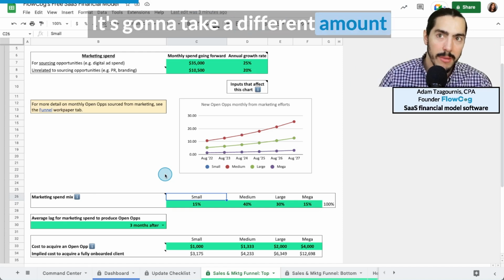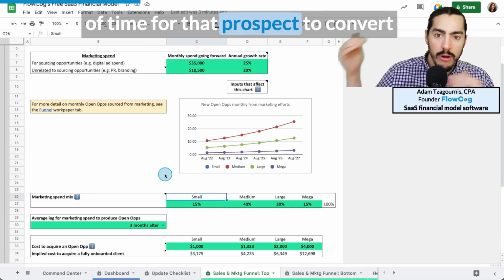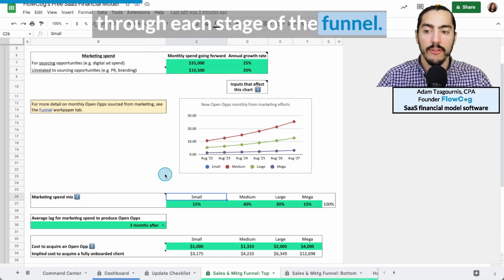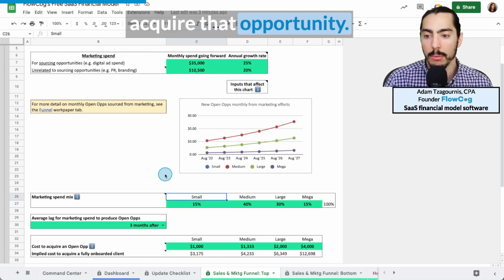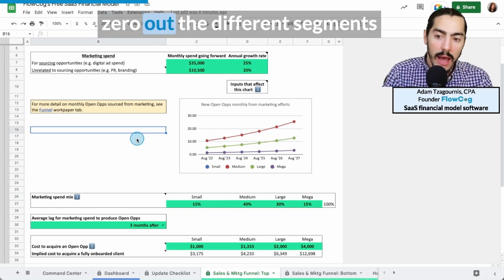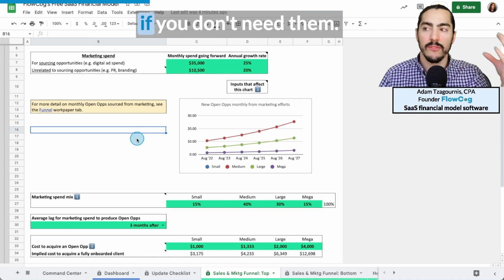It's going to take a different amount of time for that prospect to convert through each stage of the funnel. It's going to cost a different amount of money to even acquire that opportunity. And then, of course, you can zero out the different segments if you don't need them.